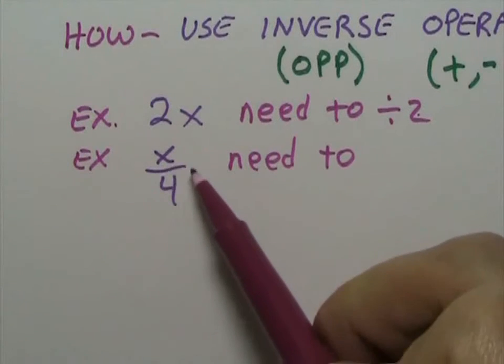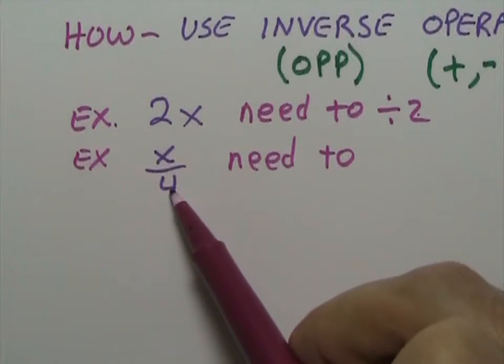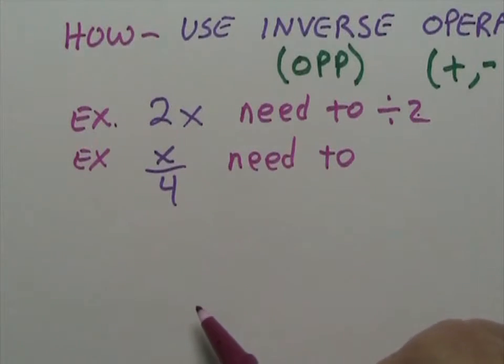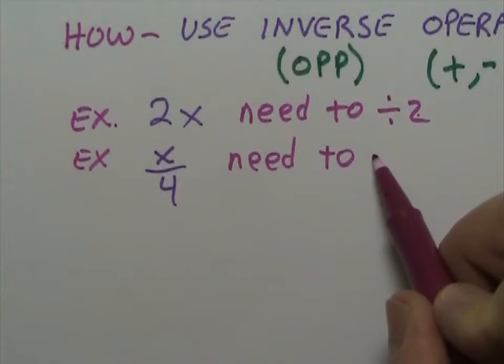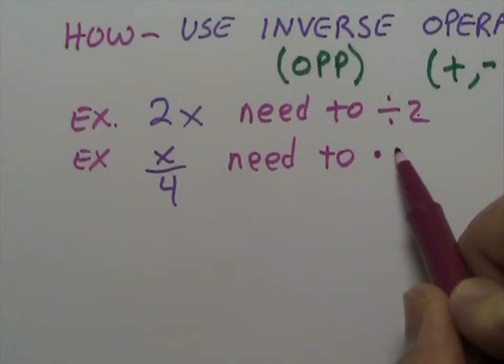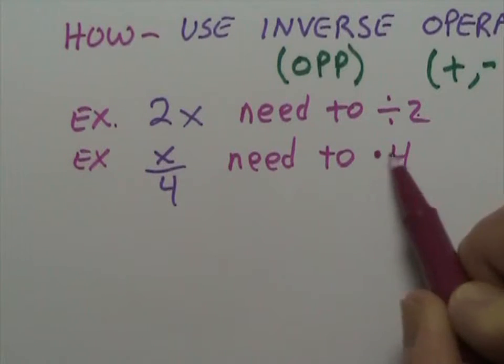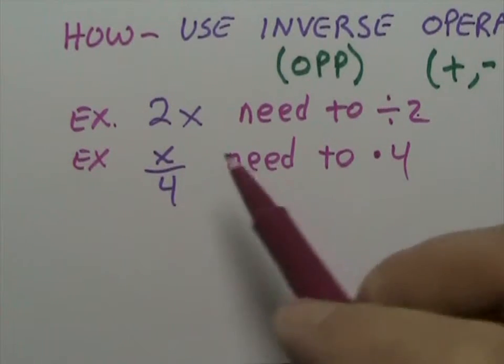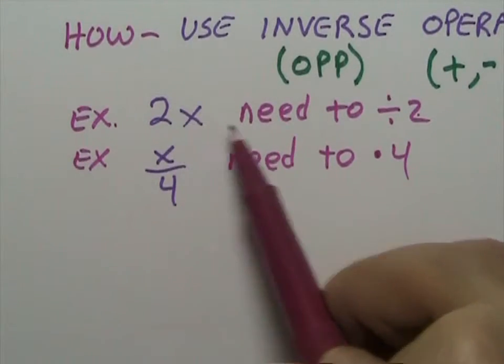Here's another quick example. If I have x divided by 4, I have to do the opposite of divide. The opposite of divide is times. So I'd have to multiply by 4. Times it by 4. So see that? You have to do the opposite operation. This one's times, you have to divide.